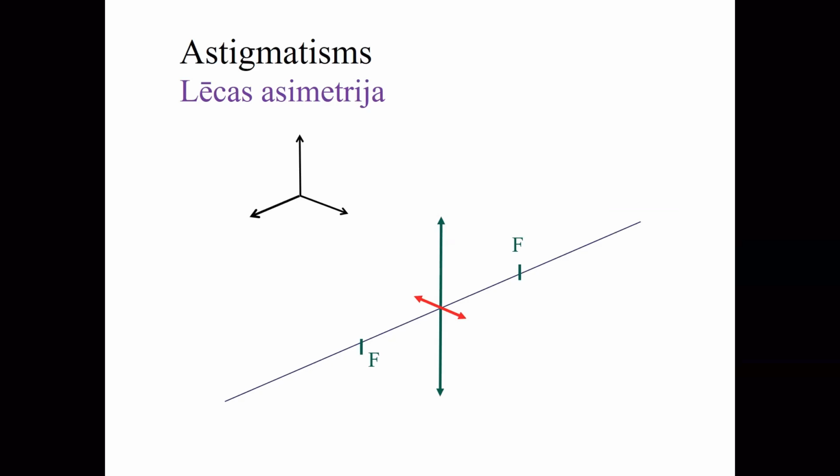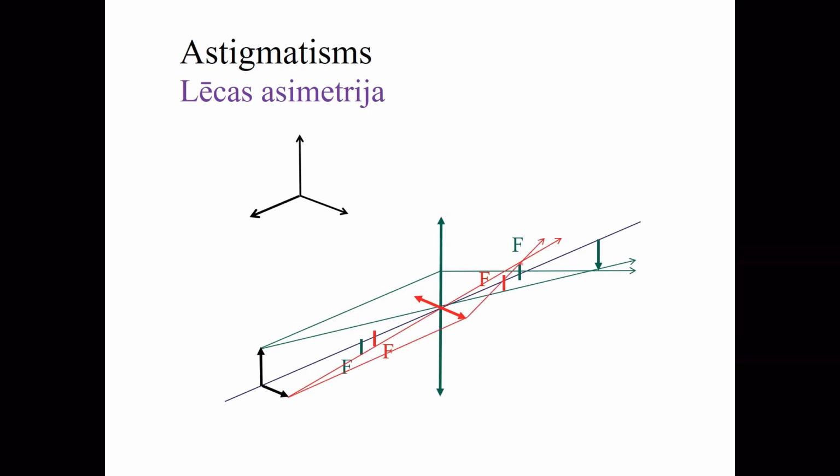So the green one has the focus F, and in the ideal case, if everything is symmetrical, the object is projected through the F, and so we have the image here. And for the sagittal plane that has the focus here somewhere, we have to have such an image here.